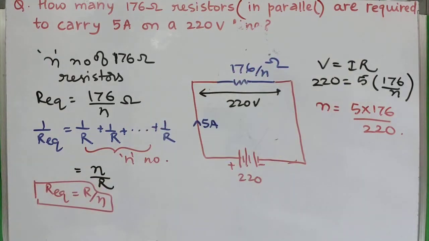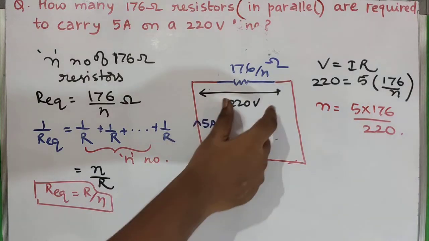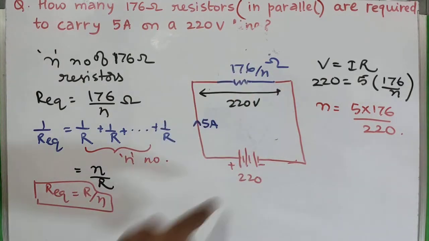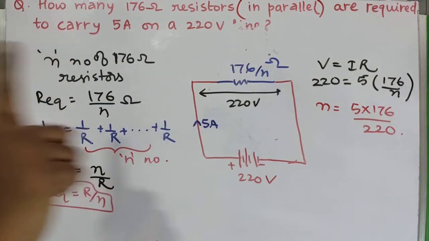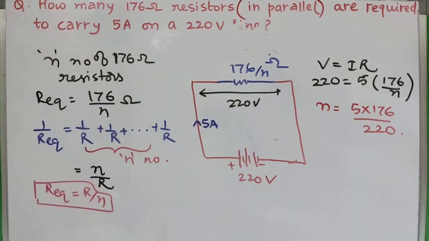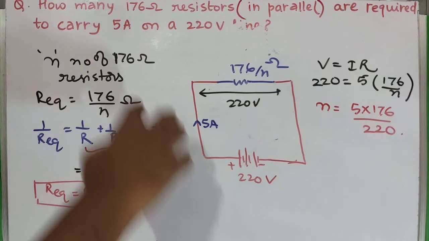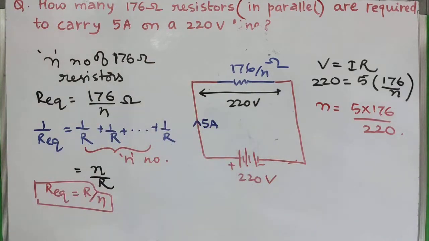V is equal to IR, where V is the voltage across the resistance which is created by the source, and the current flows through the equivalent resistance. If I replace all the 176 ohm resistors with just one resistor whose value is 176 by n, there is going to be no change in the behavior of the source.